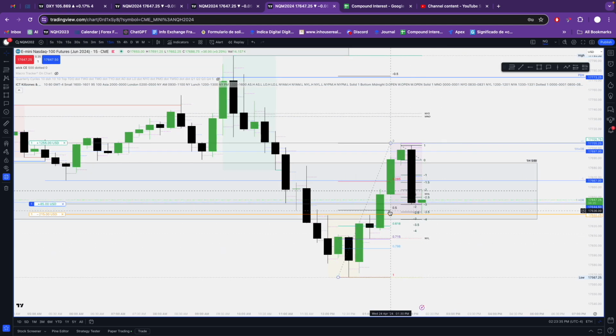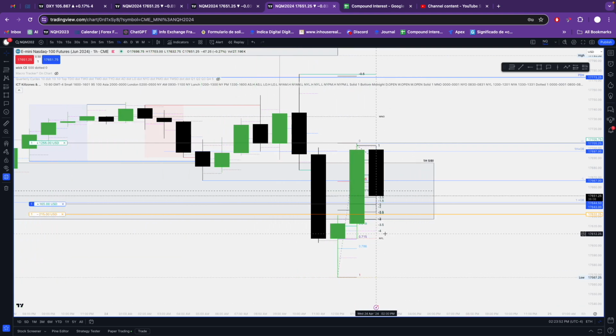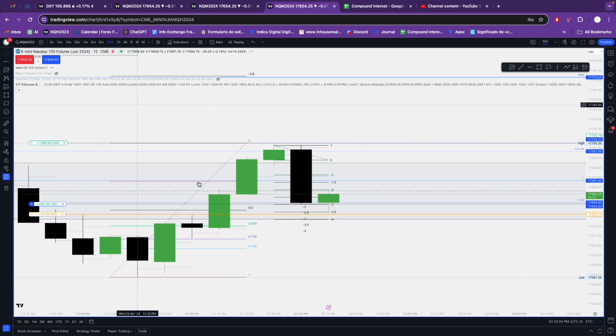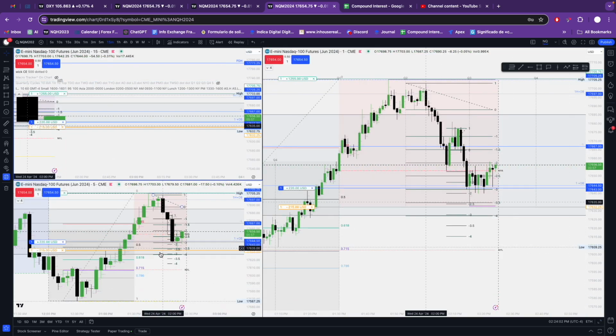We wanted to wait till we get down here, and that's where we hit equilibrium, which down here is the low of this SIBI, or BISI here in discount on the 15, and then on the hourly, that's the low of this balanced price range, inverse fair value gap. Boom. So that's what I was looking at.